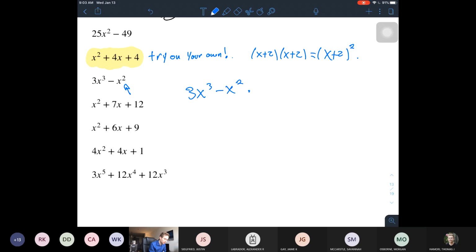So we look for the largest thing which we can divide out of both of these two terms. And we can see that x squared goes into both of these terms, so we can factor this as x squared times 3x minus 1. Okay, so do be aware of how we can pull out a GCF like that.